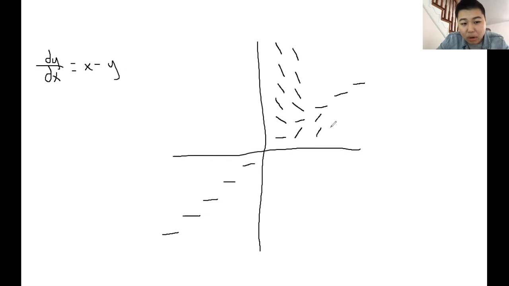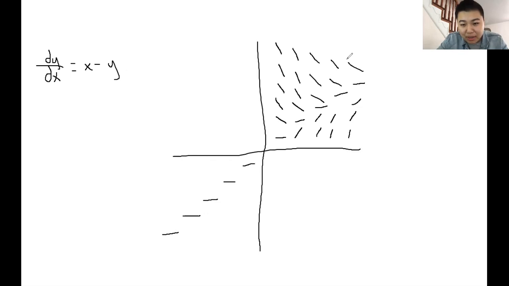Then we have 4 minus 1, which is 3, still positive. And then 5 minus 1 is 4, also positive. They're all going to be positive, but it's going to become less positive. This is so messy. Less positive, less positive. All right, but you get the basic idea. More negative, more negative, more negative.